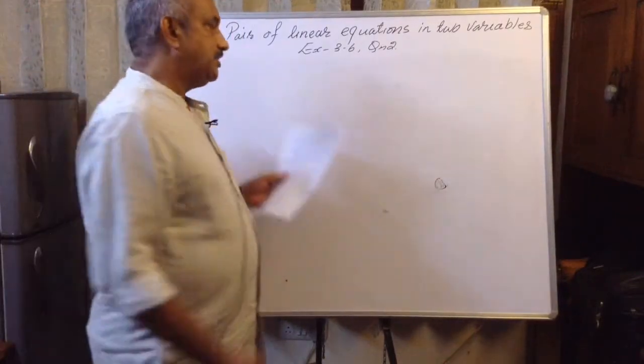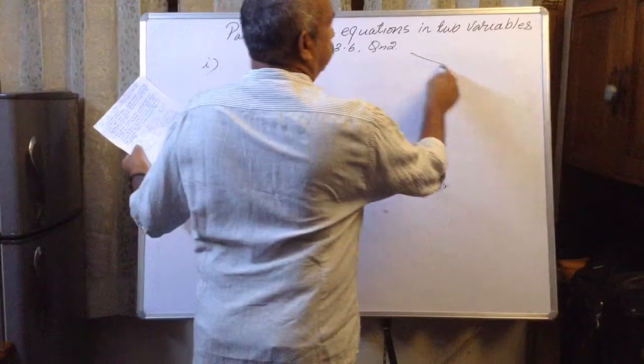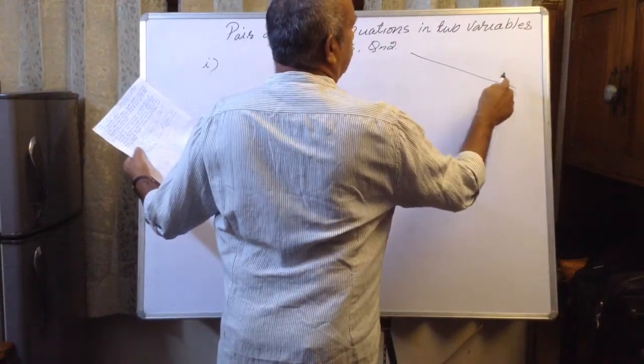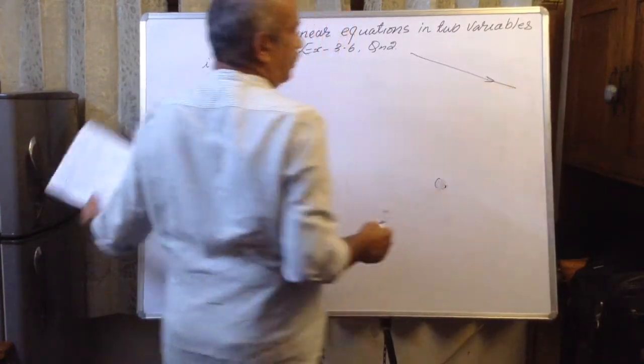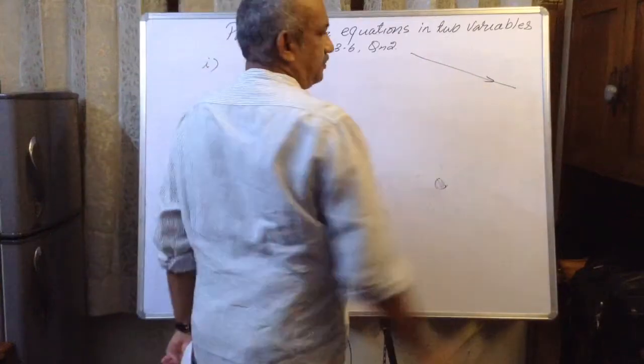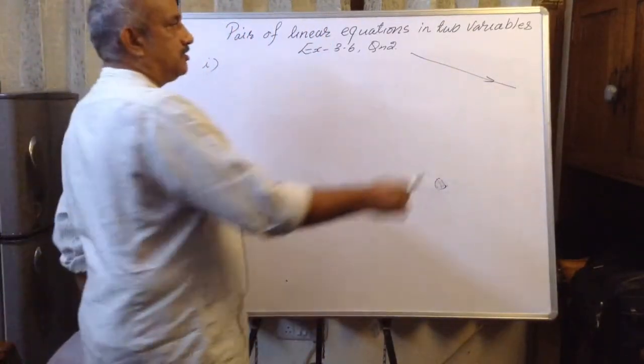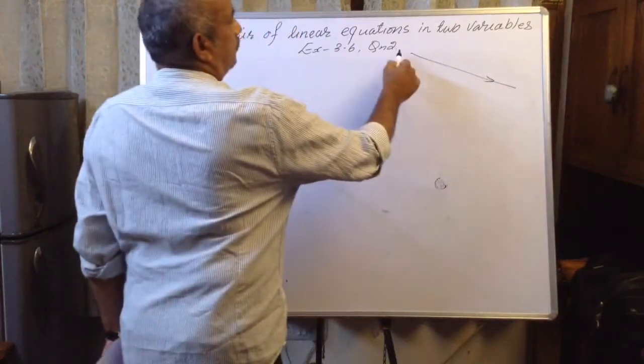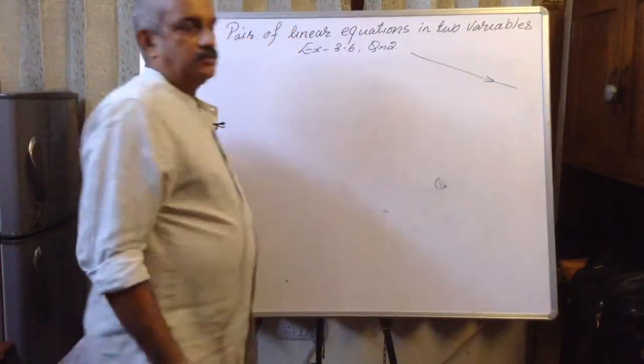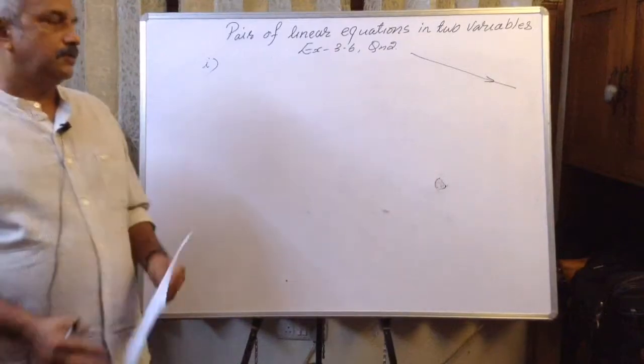Suppose water is flowing in this direction, then downstream means in this direction, the direction of flow of water. Upstream means against the flow of water. That is the difference.